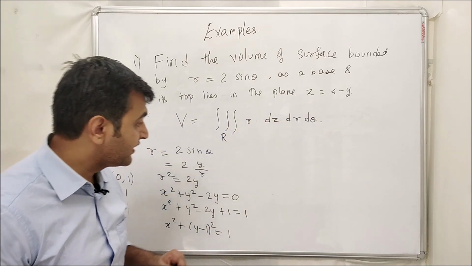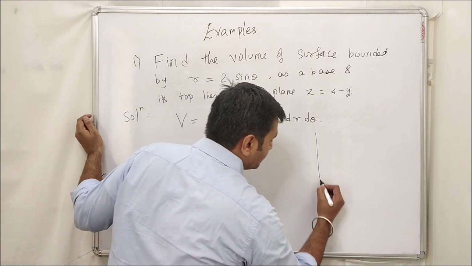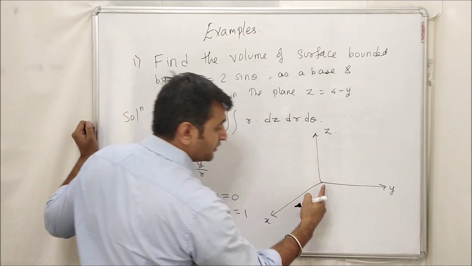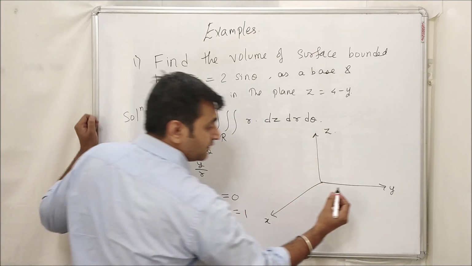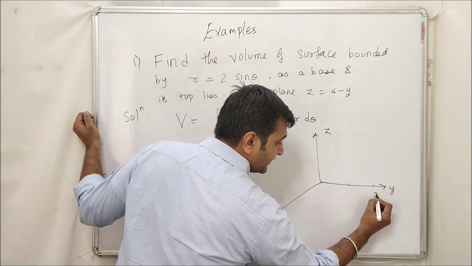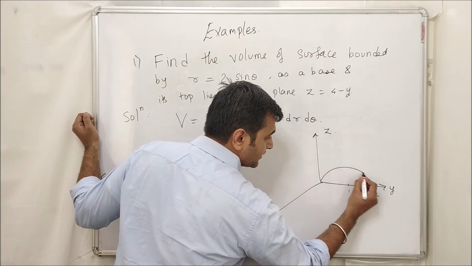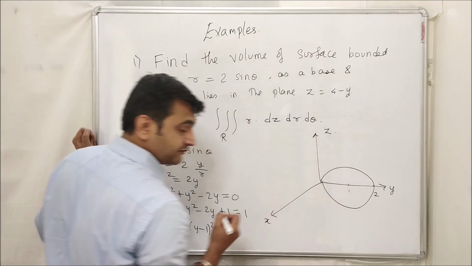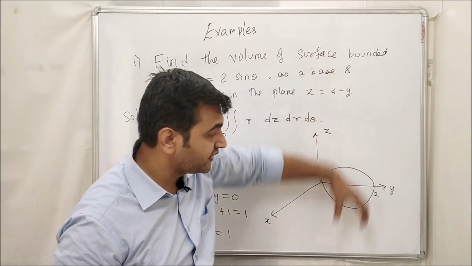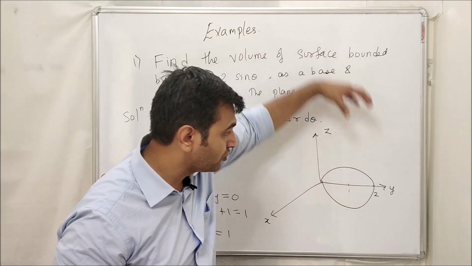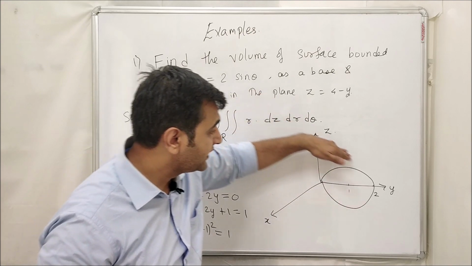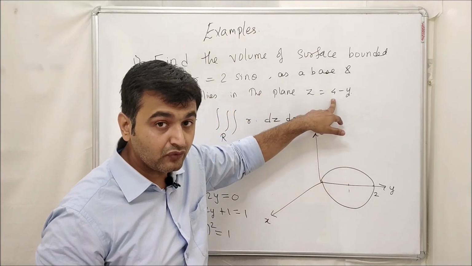Okay, so let me try to draw the figure over here. So you have x, y, z axis. So now you have a circle with center 0 comma 1 and the radius is 1. So you have a circle on y-axis. So now you have a cylinder over here, because once you have a circle, you draw the cylinder, and from the top it is cut by this plane, z equal to 4 minus y.